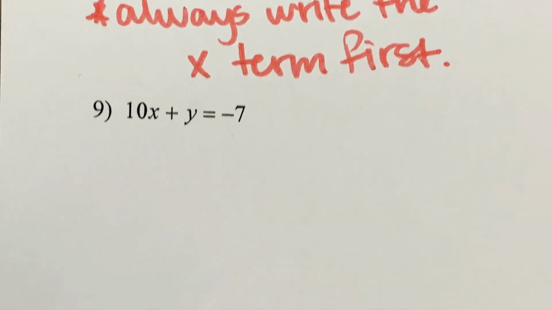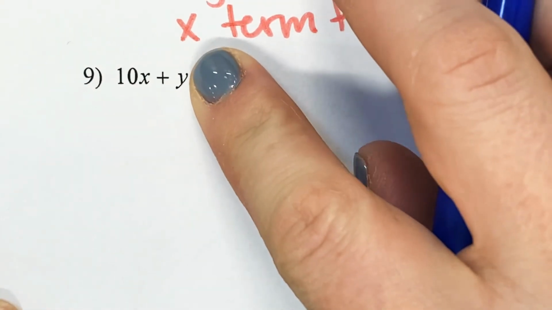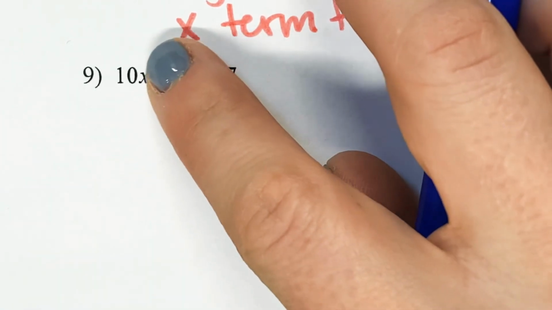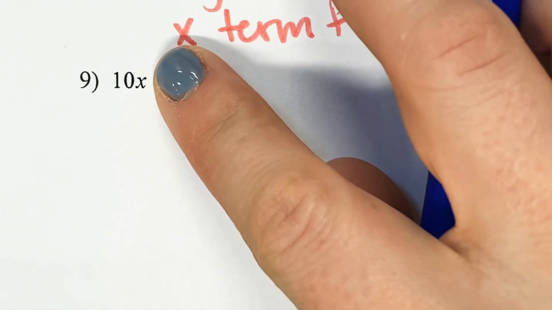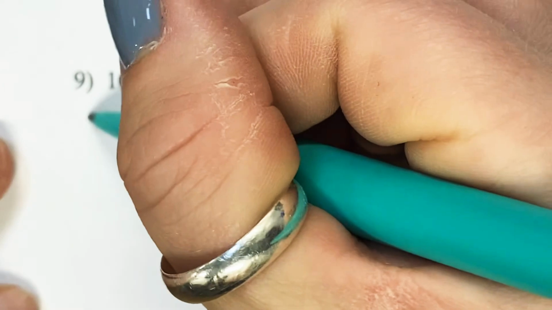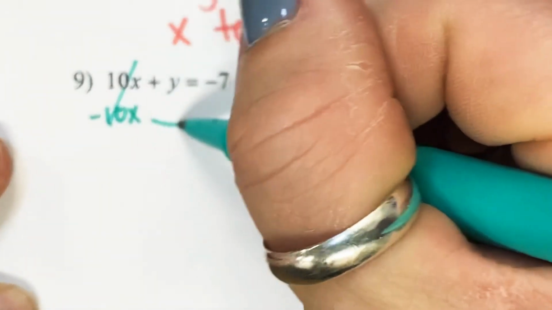Beautiful. Okay, let's do number 9. So what is on the same side as my y? I see this 10x that we need to move. Well, it's a positive 10x, so what is the opposite of positive 10x? It's going to be a negative 10x. That cancels it out and moves it over here.